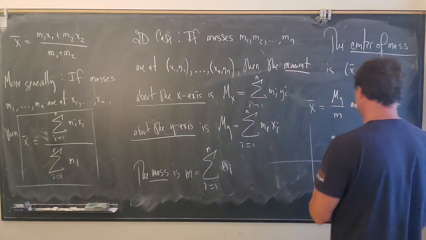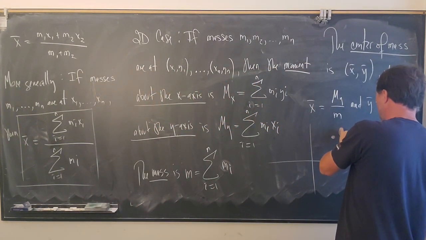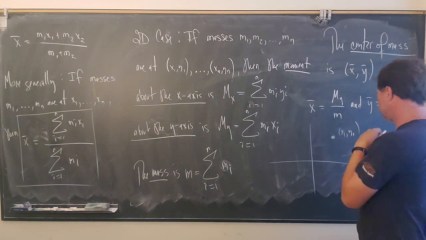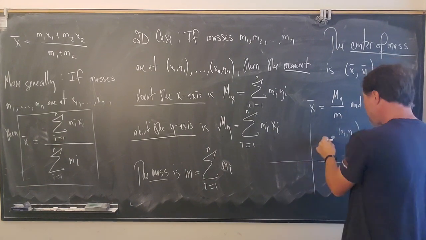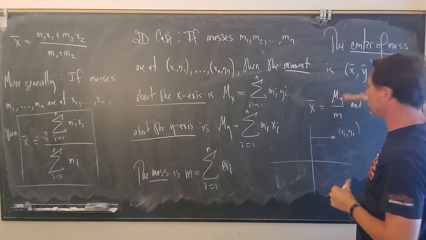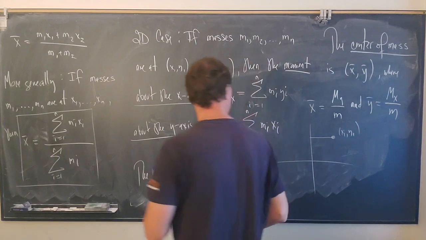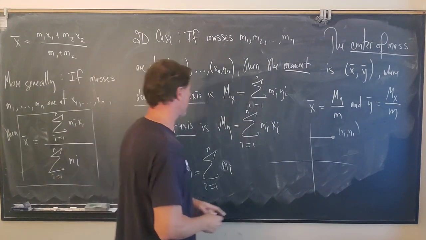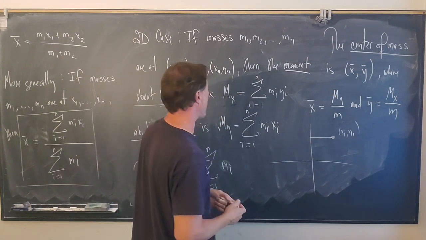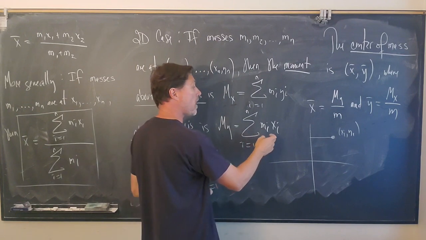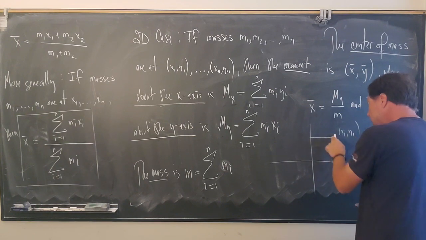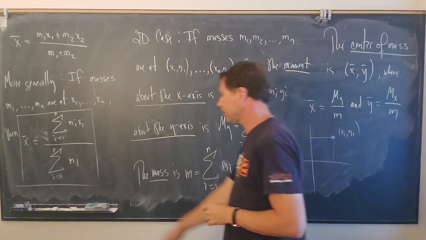So now what does this measure? If I took an x sub i comma y sub i right here, what does the x coordinate actually measure? The x coordinate measures the distance to the y-axis. So that's where this part is coming from right here. Same thing. So for M sub x, we want to characterize the tendency for it to rotate about the x-axis. And so when we do y sub i's, we are measuring the distance from that point to the x-axis.